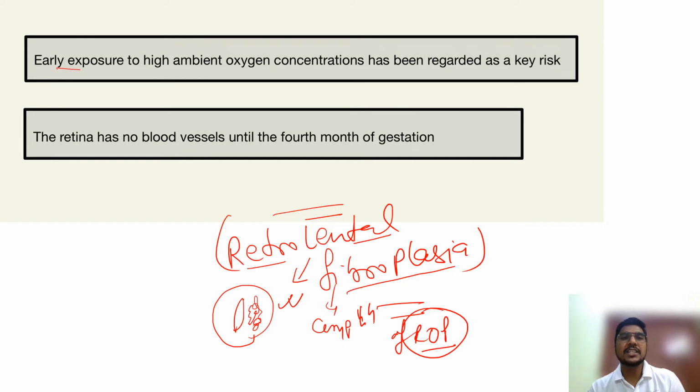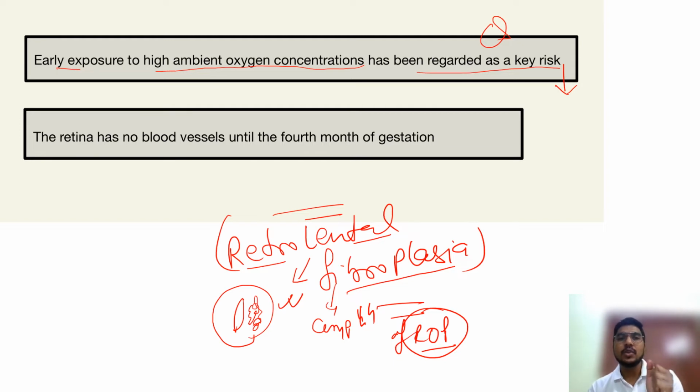I have written early exposure to high ambient oxygen concentration, which is regarded as the key risk. In the exam, the question will say that the patient requires an ICU stay where they give 100% hyper ambient oxygen, or hypersaturated oxygen, and this is a key risk factor for development of ROP.